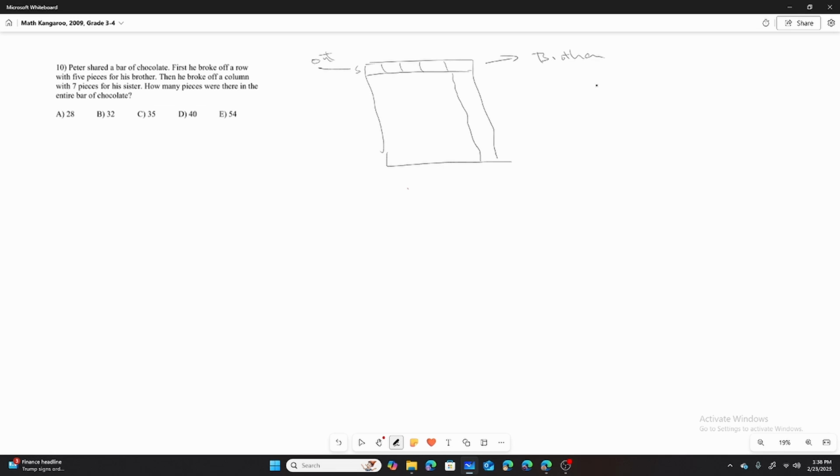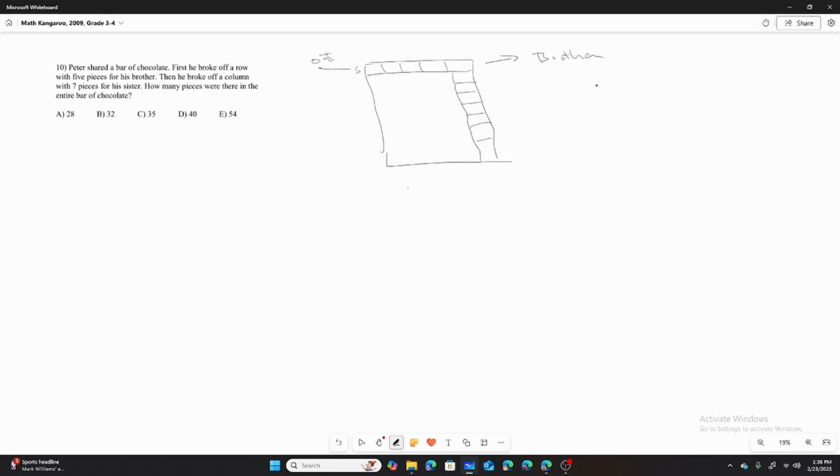And how many pieces are here? He broke off a column with 7 pieces for his sister. So let's draw 7 pieces: 1, 2, 3, 4, 5, 6, 7.